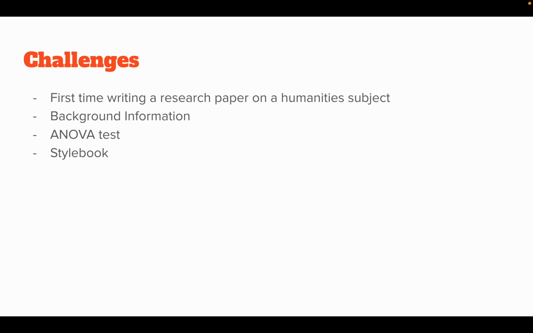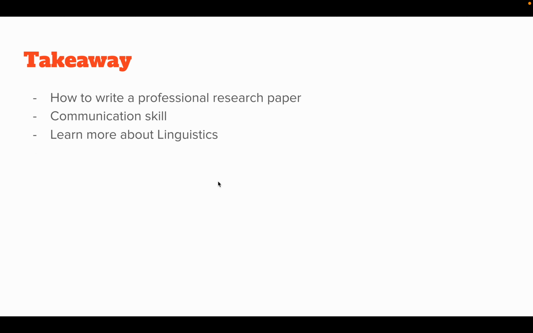I didn't realize this before, and after I met with my Eureka writing assistant for the first time, he told me about these things, and I started changing all the citation things, and it was a really painful process. I spent a lot of time trying to change my paper to fit the style book, but that's the biggest challenge for me, and I overcame it.